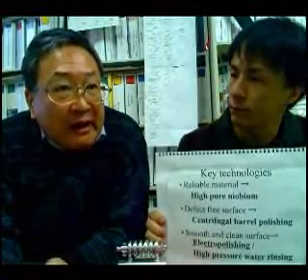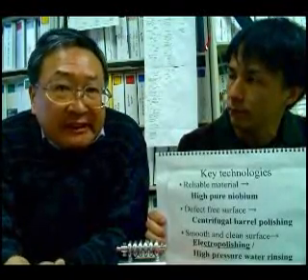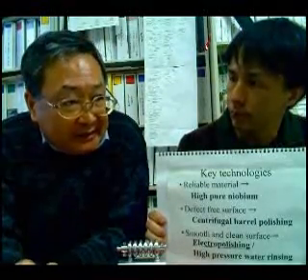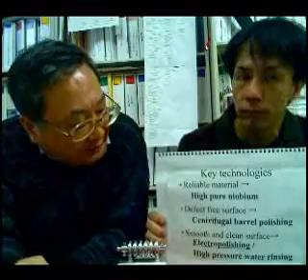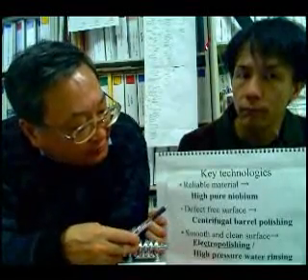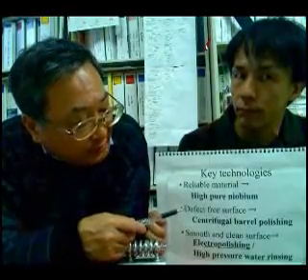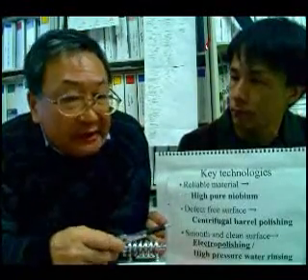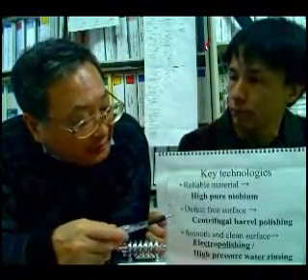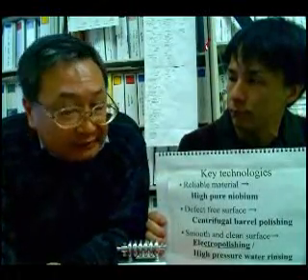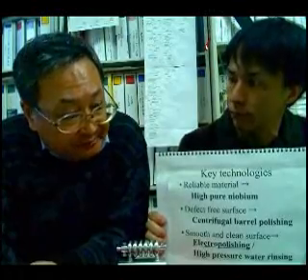But superconducting is very sensitive to defects. So at first we have to use reliable material. Now we are using pure niobium material. This we can now buy from industry.